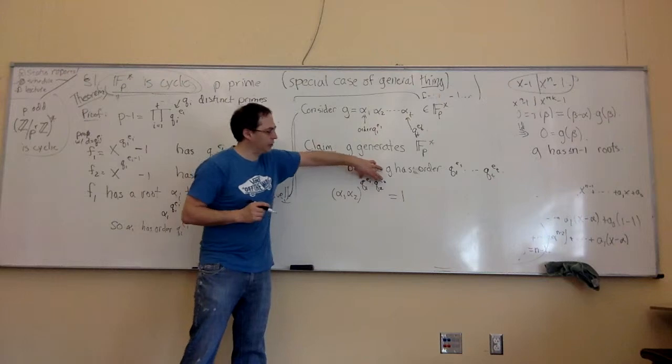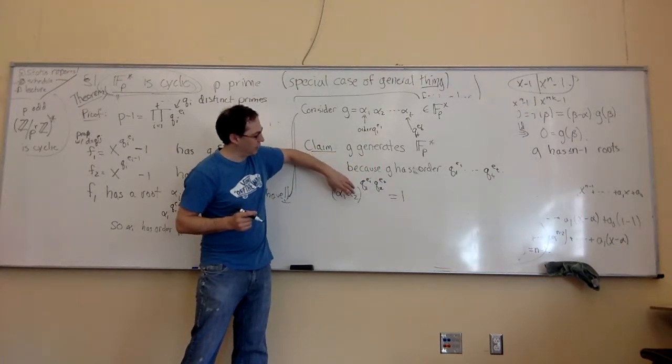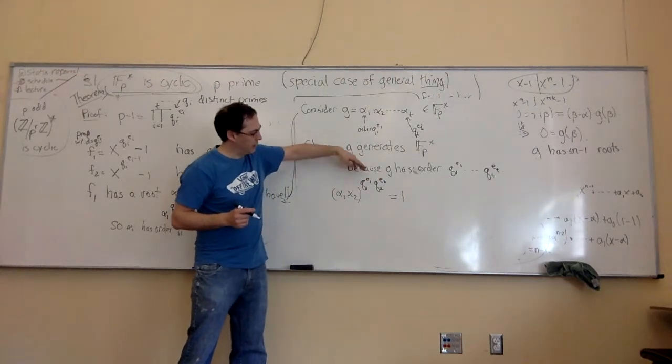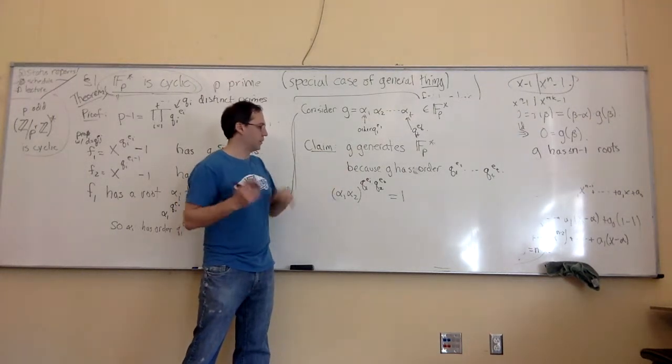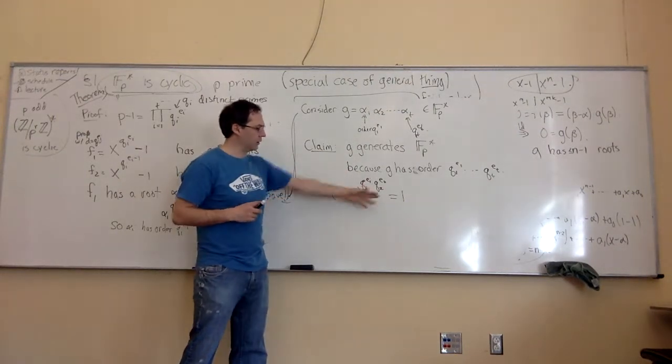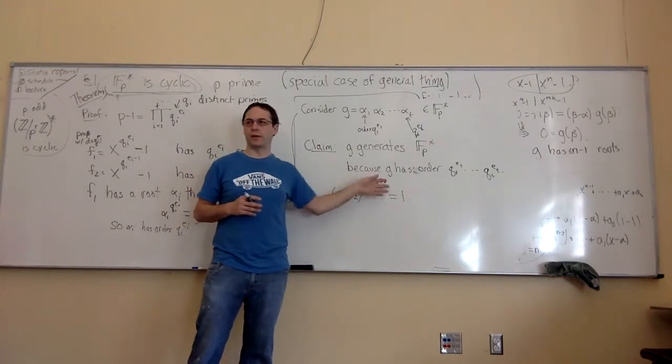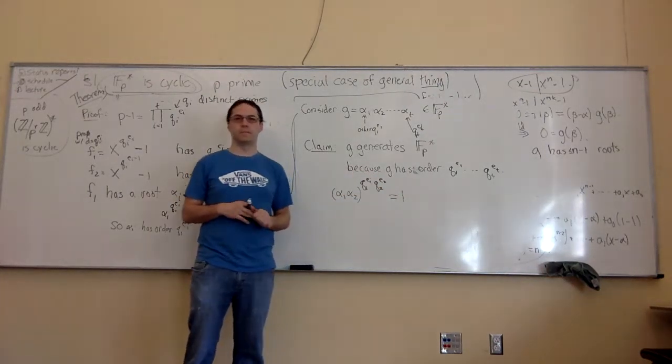But if you take any strict divisor of this and try to raise this to that power, then you can just do some little argument, and it's in the book, and you'll get that you don't get 1. And therefore, the order is the product of these two numbers. Okay?